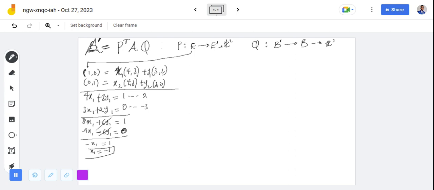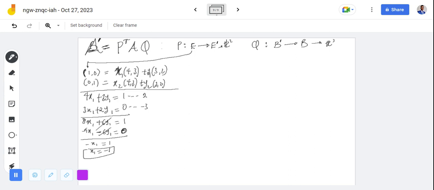Stand by. Do the same thing for y1. That will be 3x1 plus 2y1 equals 0. Or maybe directly from here, we can easily get it, instead of going that straight route.